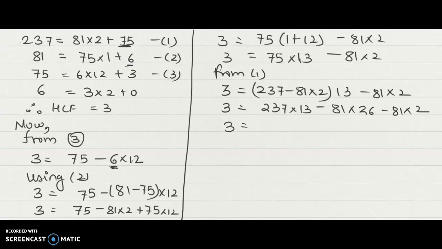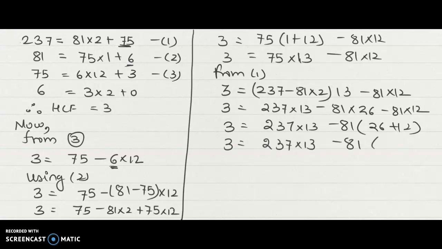Here we have 237 into 13. If we take out minus 81 common, we get 26 plus 12. Okay, sorry, it is 12 now, it is not 2. I have written it as 2, but it is 12 from here. So adding 12 here, we get 237 into 13 minus 81 into 38.